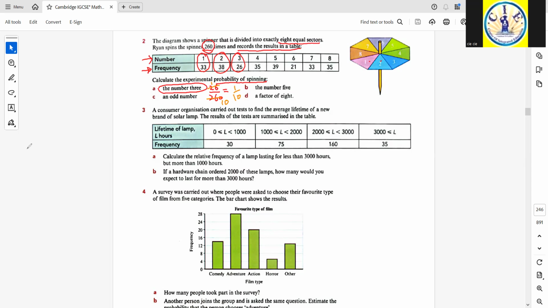Okay, now it is part B, the number 5. 5 was got 39 times. So you can have probability of getting 5 equal to 39 out of 260. This can also be simplified to give us 3 over 20.